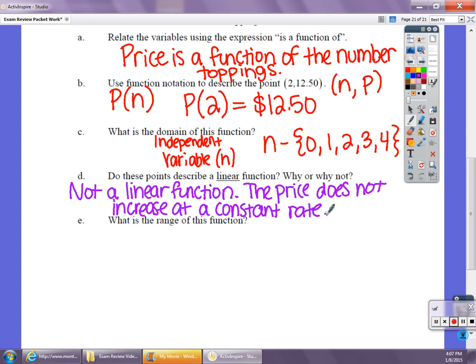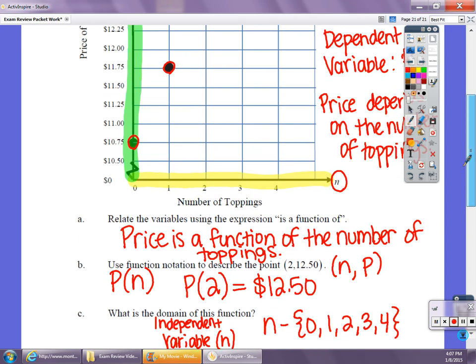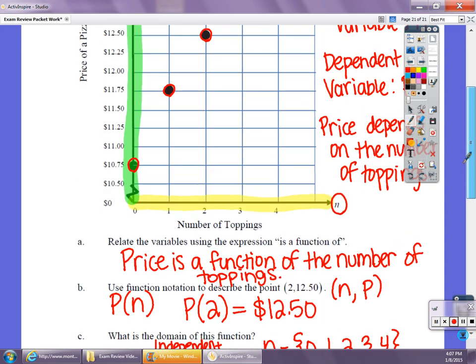Okay. What is the range of the function? The range is going to be our dependent variable, or the price. So the price is going to depend on the number of toppings. What's the lowest price we have?